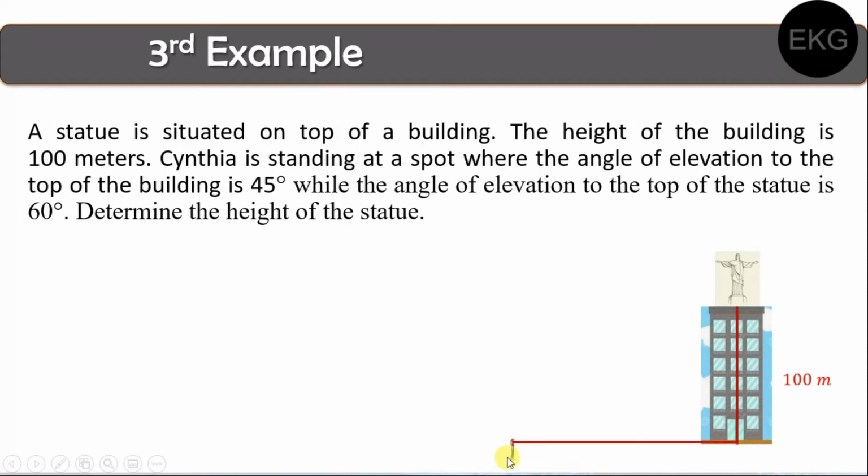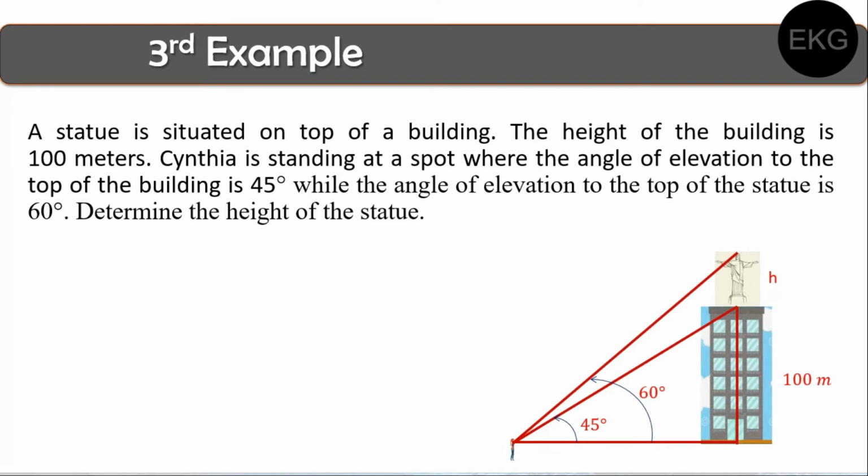So andito daw si Cynthia sa spot na to, wherein the angle of elevation to the top of the building is 45 degrees. While the angle of elevation to the top of the statue, same spot, pero ngayon nakatingin siya dito sa top of the statue, the angle of elevation is 60 degrees. Now, determine the height of the statue. Gaano daw kahaba or kataas itong statue na to? Okay, so that's our problem.